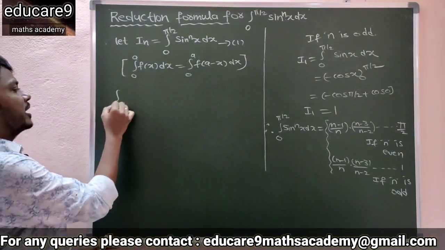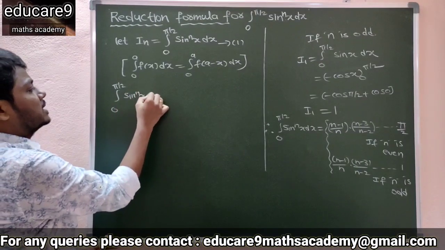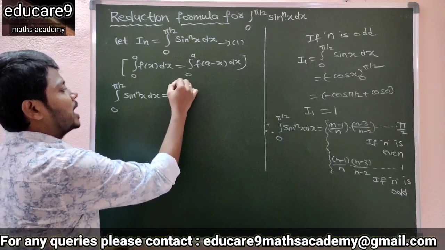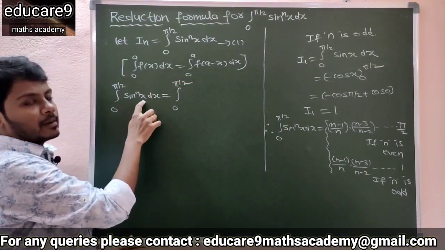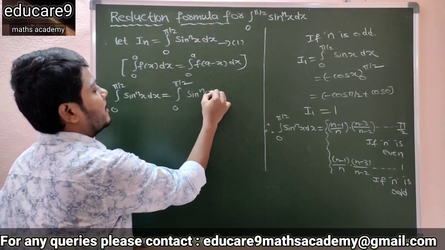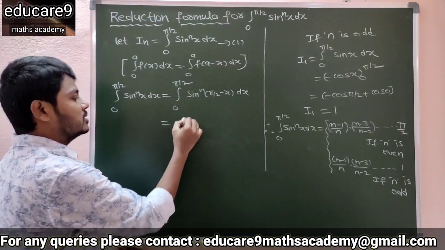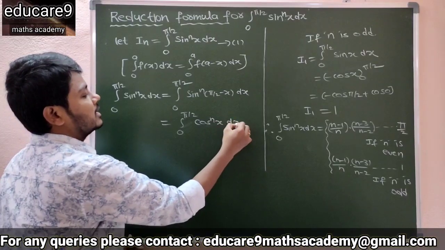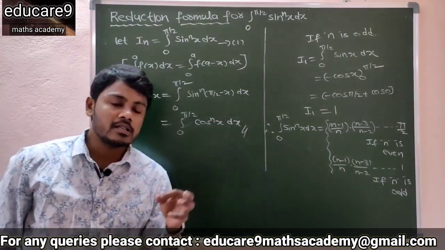So therefore the integral from 0 to pi by 2 of sin^n x dx we write as the integral from 0 to pi by 2, and here replace x by a minus x, here replace x by pi by 2 minus x. That is sin^n (pi by 2 minus x) dx. So this is the integral from 0 to pi by 2 of cos^n x dx. So clearly the reduction formulas of both sin and cos are the same.